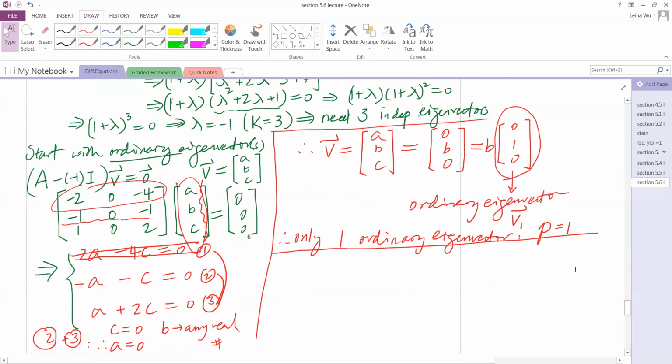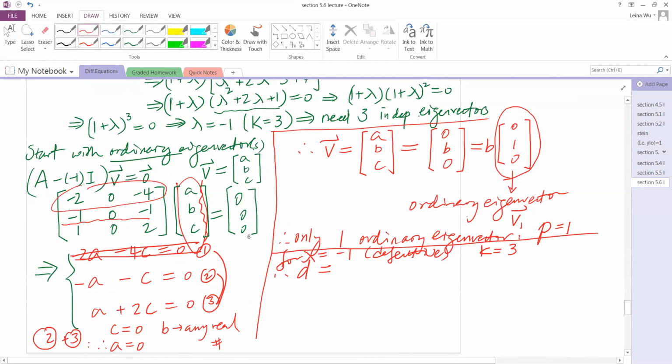Solve for D. Okay, now let's go for D, which is the defect. For lambda equals -1, it is defective, because it has only one ordinary eigenvector, although the multiplicity is actually 3.